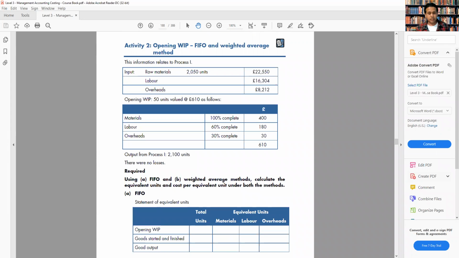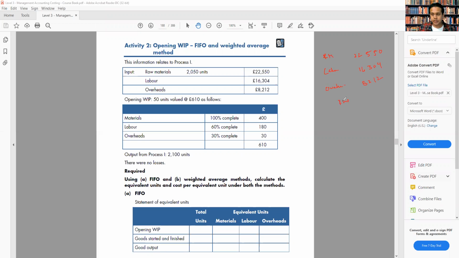Let's write down the information in the corner so that we can see it when we scroll down the pages. So let's say raw material 22,550, labor 16,304, and overhead 8212.